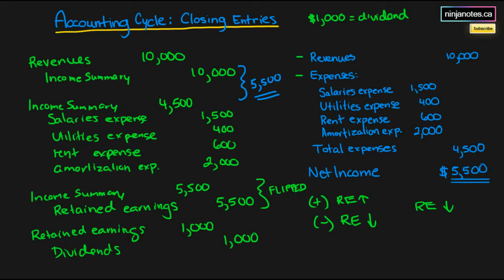That way all three of our temporary accounts, dividends, revenues, and expenses, will have a balance of 0, and we'll be ready for the next fiscal year to actually start calculating new balances.